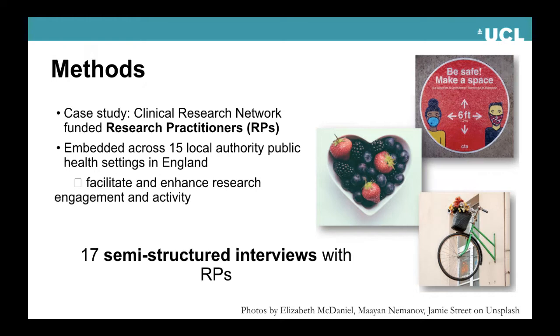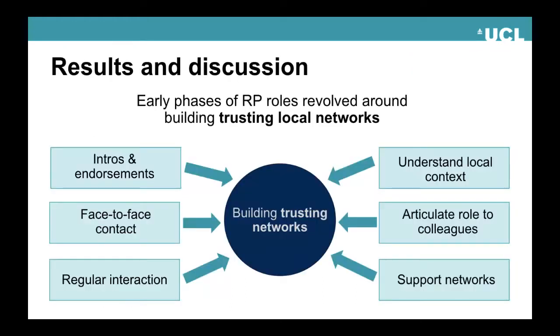So in terms of the social processes that were important during the early phases of these roles, we found that the first several months of the roles revolved around this process of building trusted local networks. And there were several factors that enhanced this process. So first, introductions and endorsements from colleagues, most often managers, could establish a certain initial level of trust and help ensure that the embedded researchers got access to meetings and individuals who could help them in their roles.